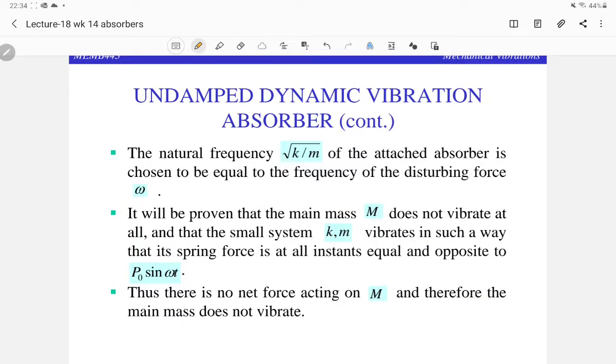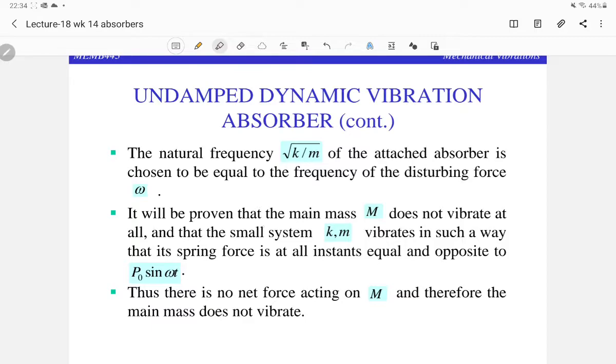As you can see, the natural frequency, square root of k over m, of the attached absorber is chosen to be equal to the frequency of the disturbing force. This is another thing that we have to take note of.